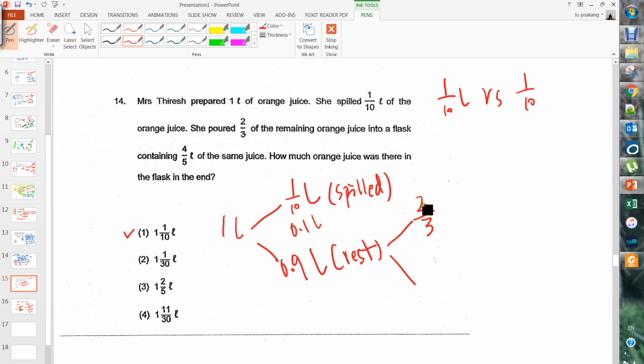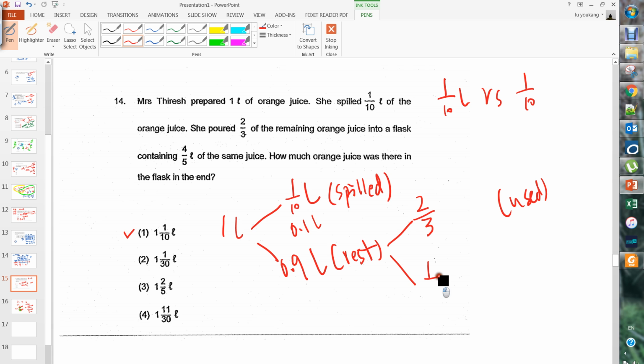So 2/3 is used. How much is left? What's the fraction that is left? 2/3 used. How much is left? 1/3.